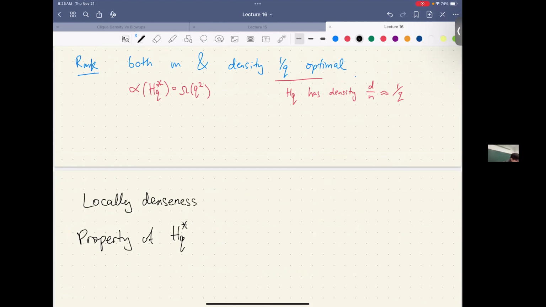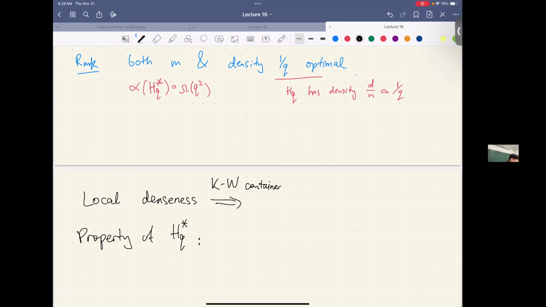So the local denseness. In front of the noun, it should be an adjective, right? So it's probably local denseness. So from the local denseness, using Kleitman-Winston's container, we can derive the following property of HQ star.